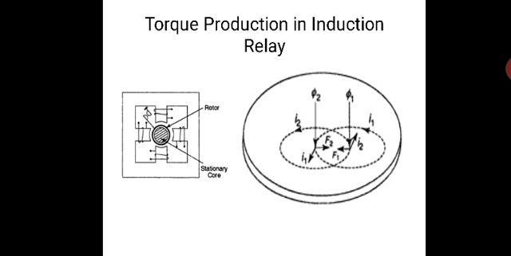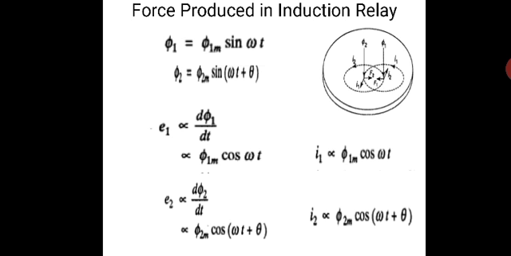So the vector diagram is phi1 proportional to the magnitude of I1 into sine omega t and phi2 equal to the magnitude of I2 into sine omega t plus alpha. So alpha is the phase difference between phi1 and phi2. Phi1 and phi2 are the instantaneous values of the fluxes, and phi2 leads phi1 by an angle alpha. So phi1 equals phi1m sine omega t, phi2 equals phi2m sine omega t plus theta, and E1 is proportional to d phi1 by dt.